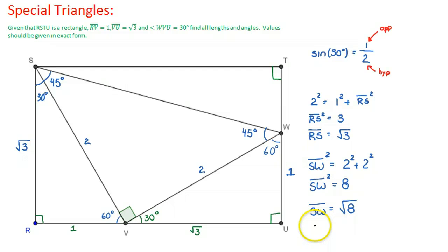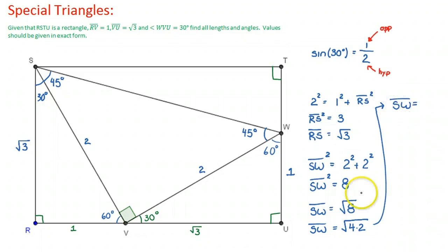And I know that some students are already comfortable doing this, so I'm going to write it out this way. I can rewrite 8 as 4 times 2. One of my mathematical laws is if I can rewrite the value 8 as the product of two numbers under the root sign, I can take the root of each of those separately. So the square root of 4 is 2, and then I can't take the square root of 2, so I leave it as that. So this length here is 2 root 2.